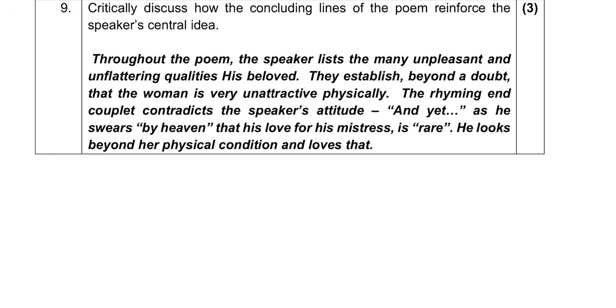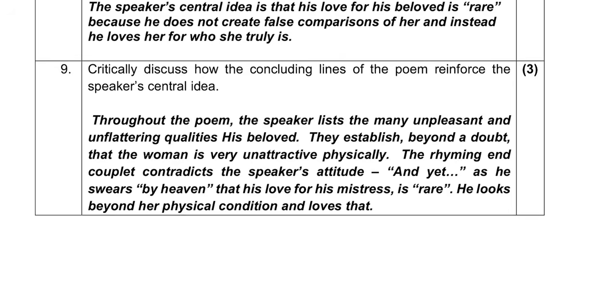The words "and yet," and as he swears by heaven that his love for his mistress is rare. So he looks beyond the physical condition and loves her. And as we said, if we just look at the previous one, right, the speaker's central idea is that his love for his beloved is rare because he does not create false comparisons of her, and instead he loves her for who she truly is.